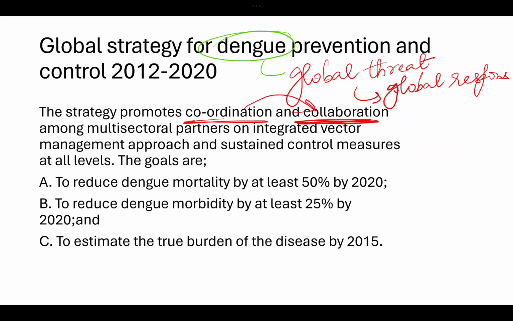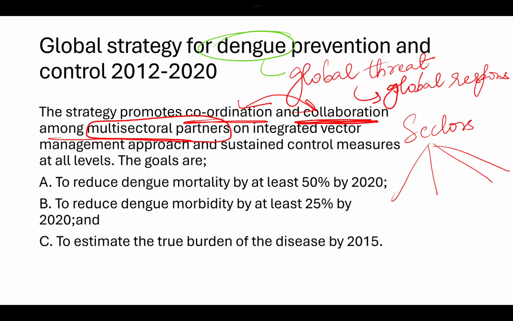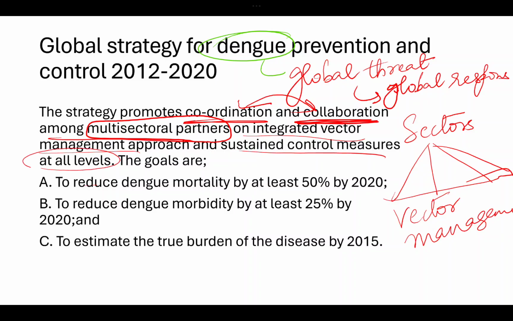We need to coordinate and collaborate with all the multi-sectorial partners from different sectors. And on integrated vector management, what do we want to do? We want to perform vector management and control measures at all levels.